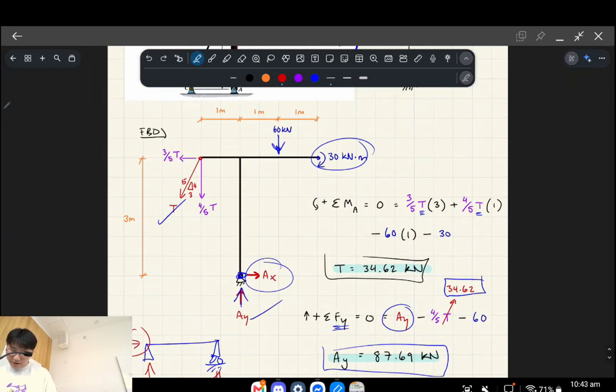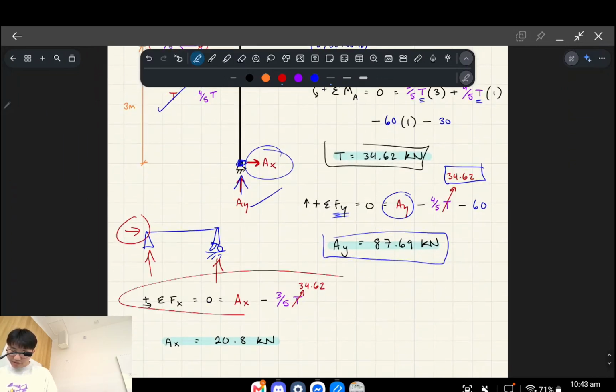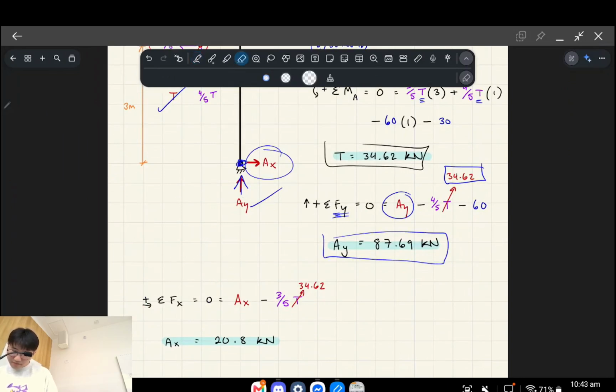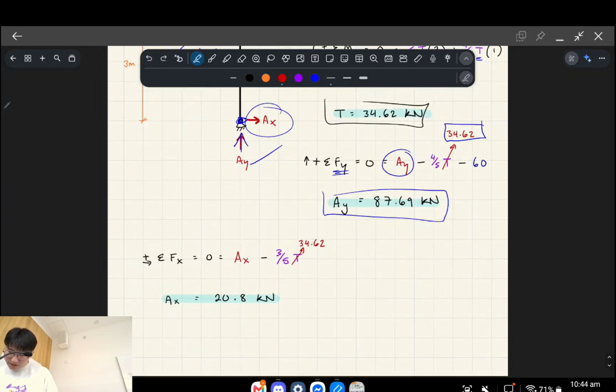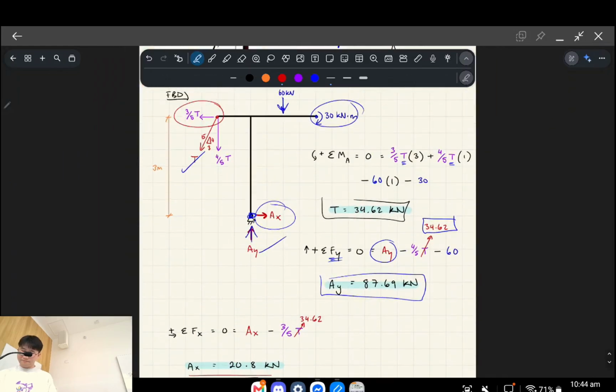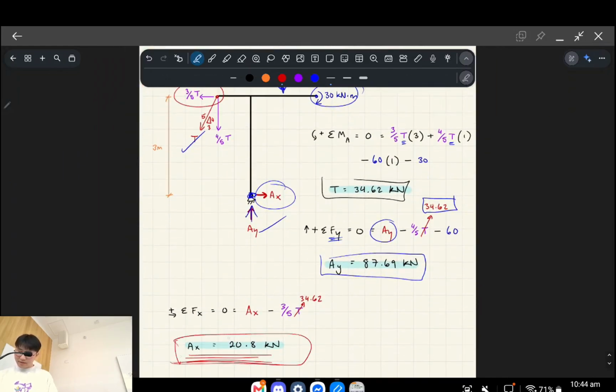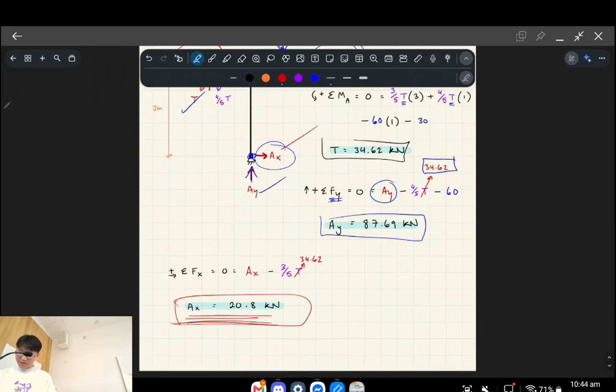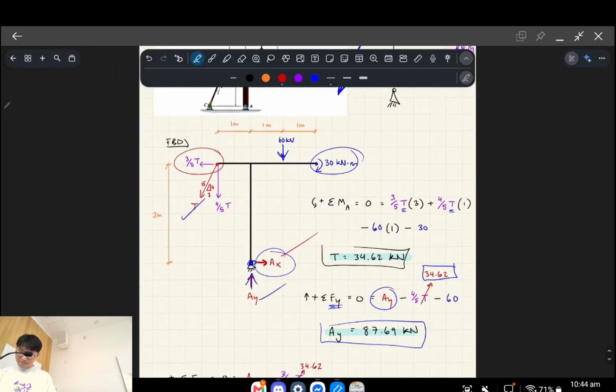But once you have a horizontal component, like the horizontal component of the tension force, we will actually have this reaction do something. So that's this here. Now we actually have to solve it, and that gives us a horizontal reaction of 20.8 kilonewtons. So now we've figured out all of the reactions, and that's it.